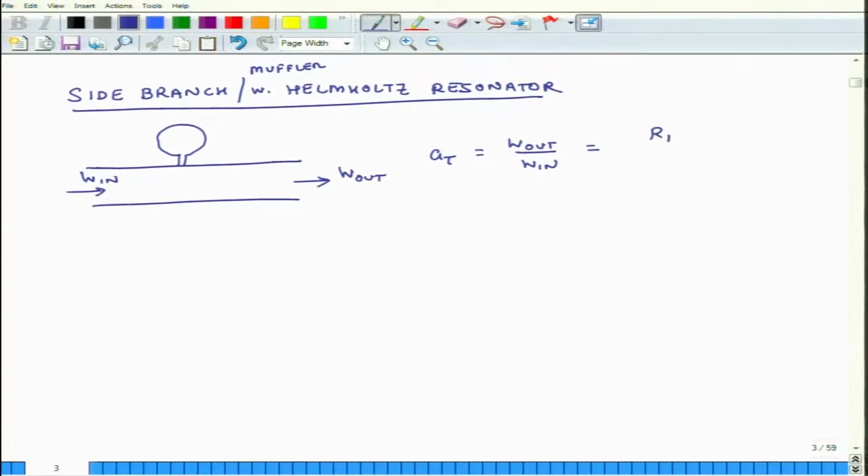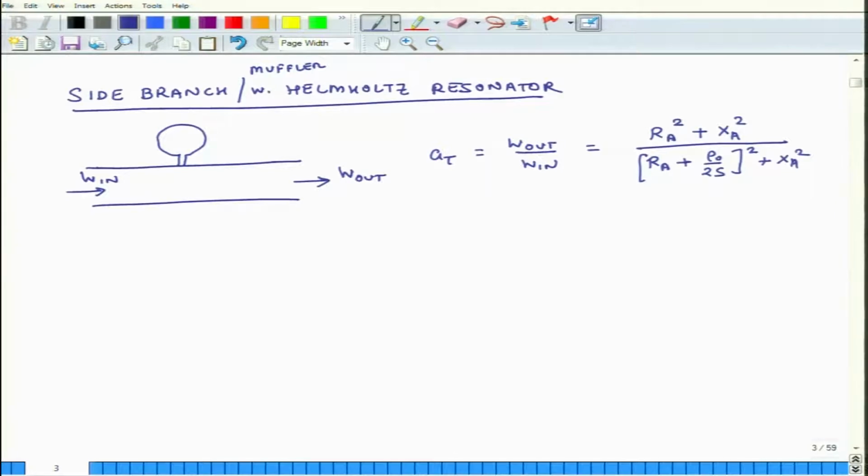If you do the lumped parameter analysis of the system, this is equal to RA square plus XA square divided by RA plus rho naught divided by 2S plus XA square.